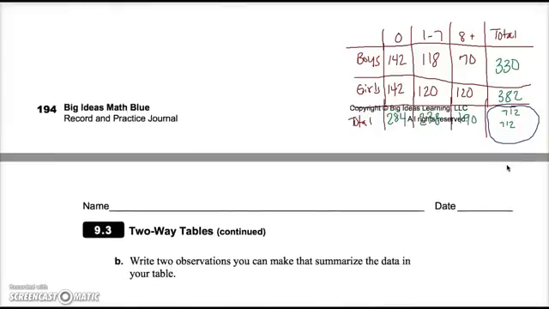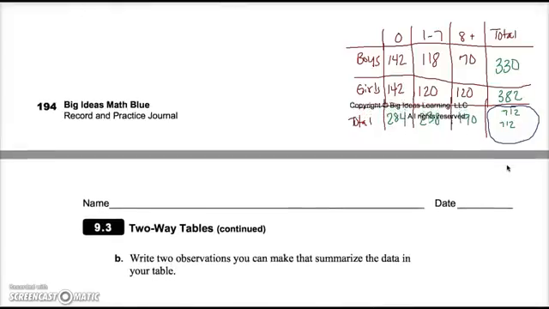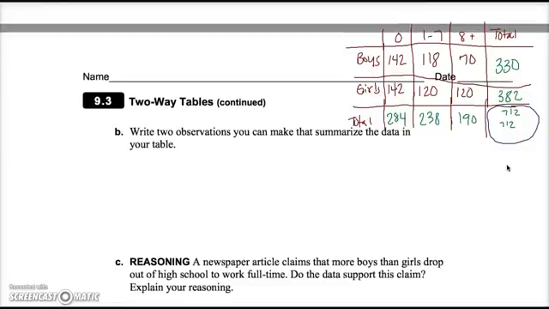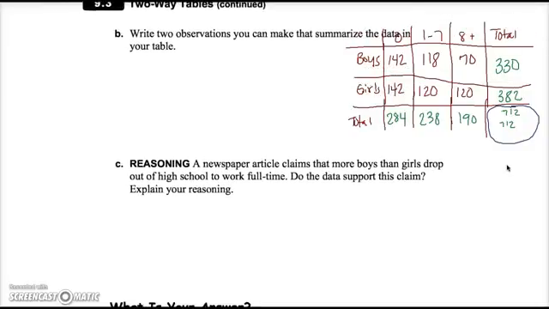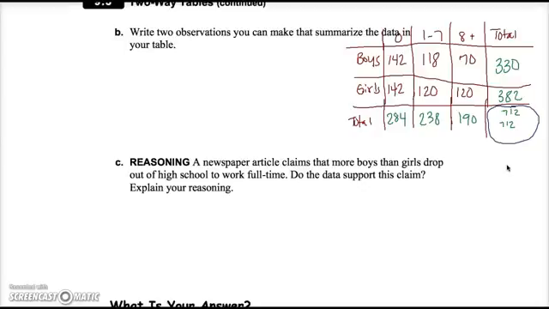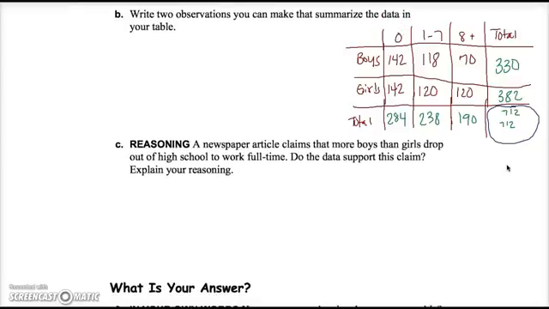Okay, if we look at B, it says write 2 observations that you can make that summarize the data in your table. Okay, so what are some observations that we can make? Okay, one big difference right here, I see a huge difference here between boys and girls that work 8+ hours a week.